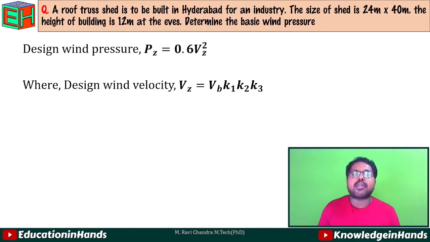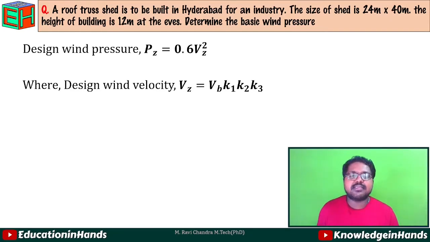So these two formulas we obtained from IS 875 Part 3 itself. Now, to calculate the design wind pressure, first we need to calculate the design wind velocity Vz, which is equal to Vb into K1 into K2 into K3.